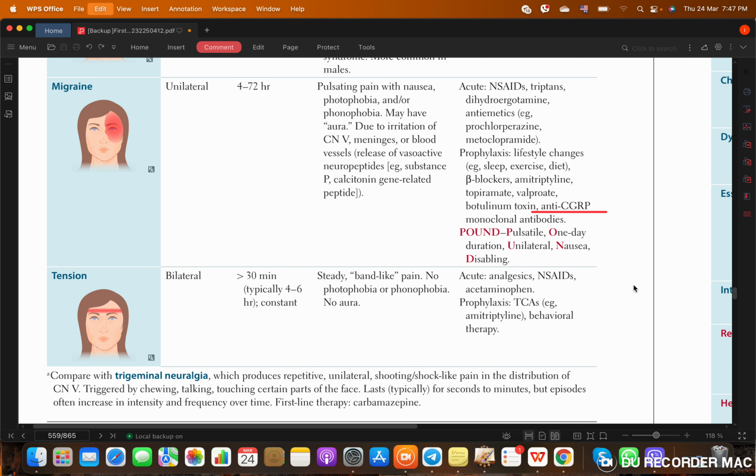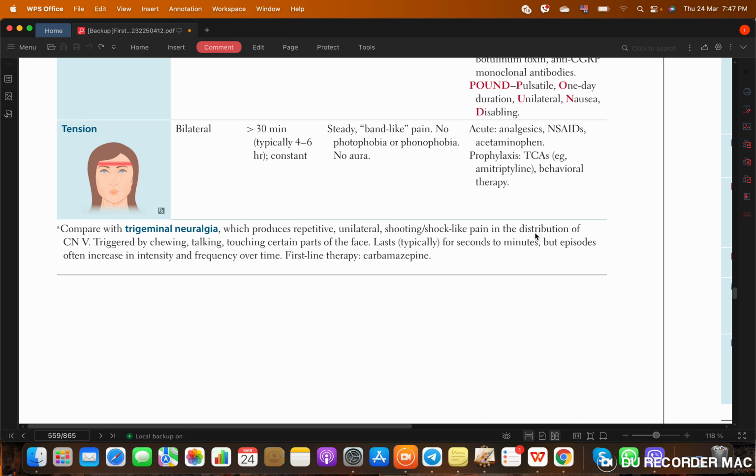Okay? So it's a pulsating, 1 day duration, unilateral, nausea and disabling headache. If you have a patient who has that, the first advice is to tell him to take his NSAIDs or triptan and to sit in a calm, dark room without speaking with anybody, because when they go and stay in a loud room, it makes the pain worse.